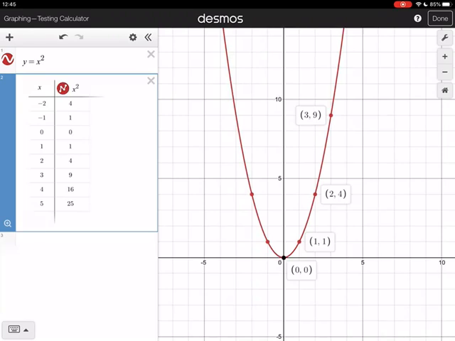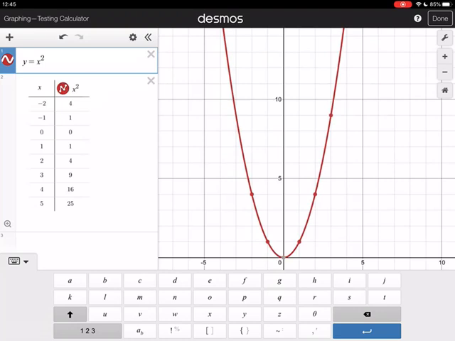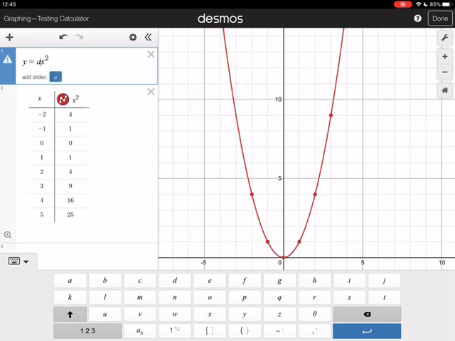Okay, the other thing that you can do in Desmos, which is pretty sweet, is add a coefficient, A. As soon as I do that, Desmos recognizes that A is not a variable, because X and Y are my variables, right? X and Y are changing.